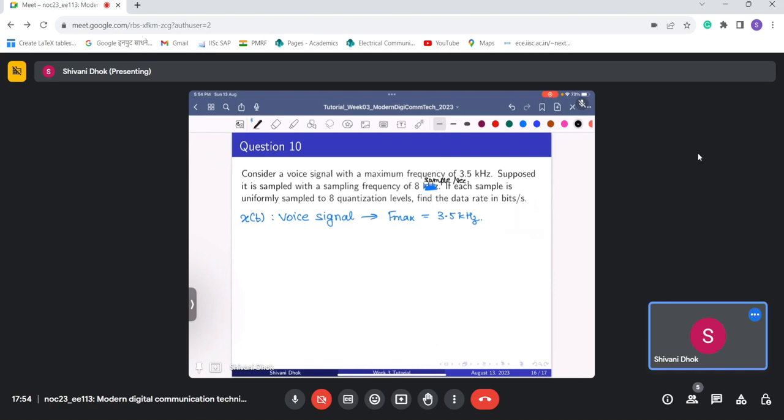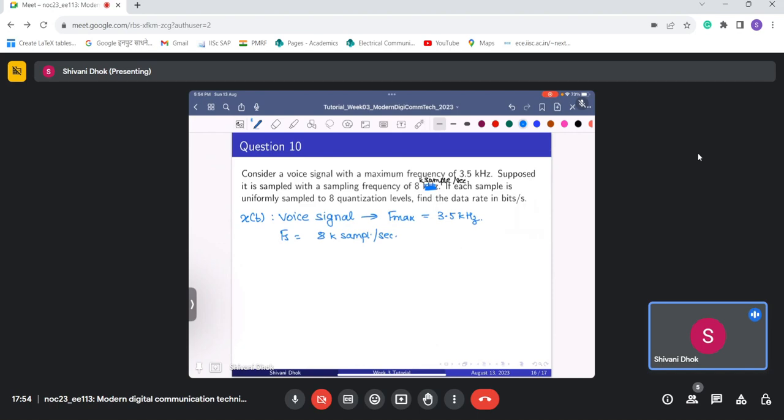And it is sampled with a sampling frequency of 8 kilo samples per second. So the sampling frequency is given as 8 kilo samples per second. This is given to us.